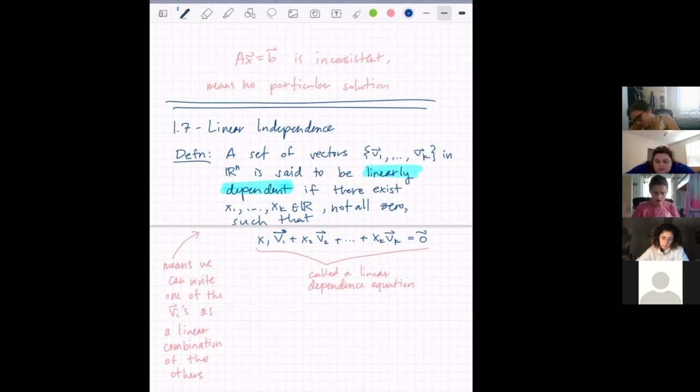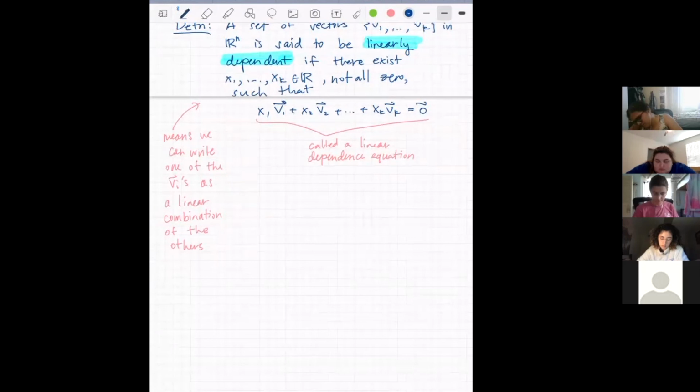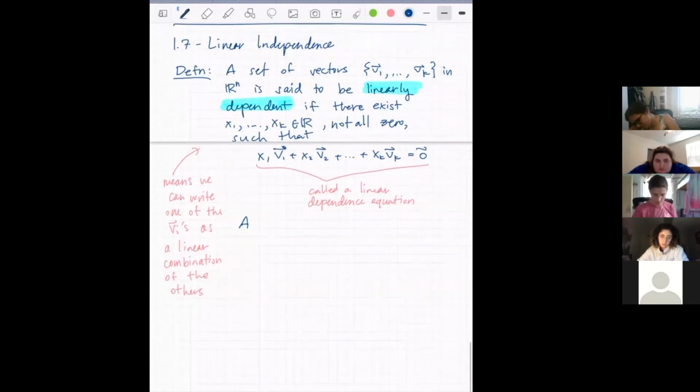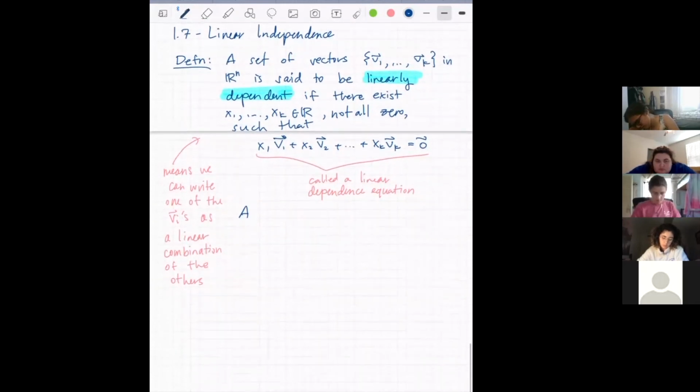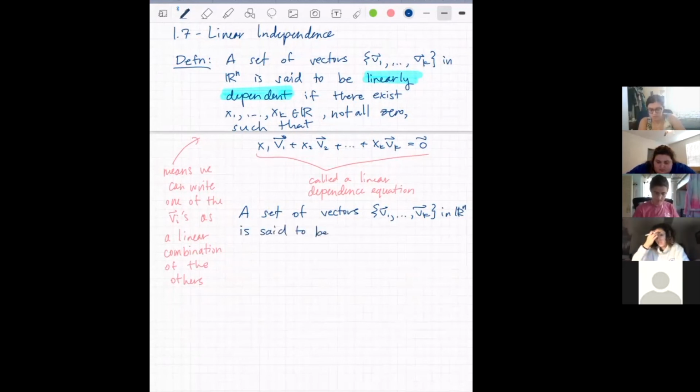And the opposite of that is linear independence, right? So second definition, this is also a property of a set of vectors. So a set of vectors v1 up to vk in Rn is said to be linearly independent.